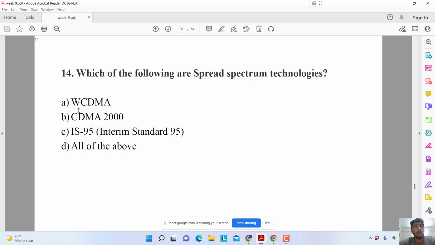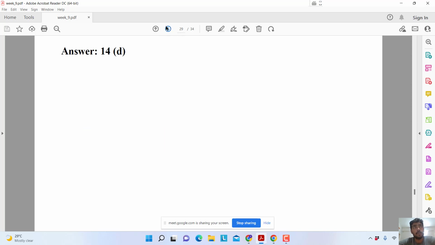Basically, all three options are true, and all of these come in the category of spread spectrum. So WCDMA, CDMA 2000 and IS-95. The option will be D part. This is the right option.